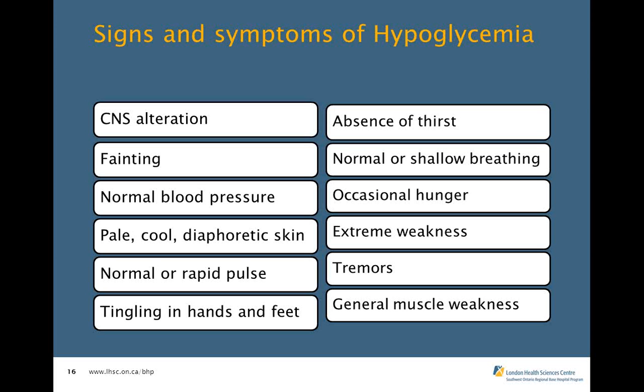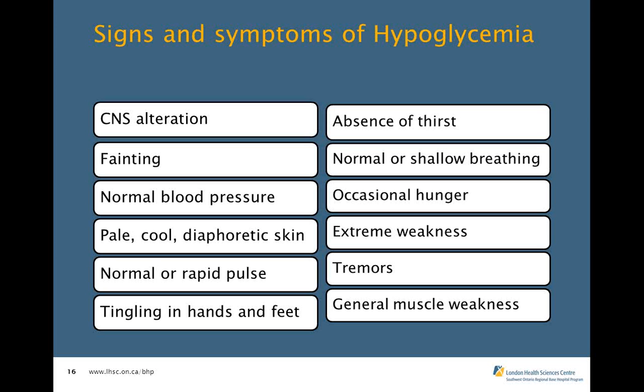The blood sugar goes down, and the body attempts to compensate. The pancreas is trying to push out glucagon to raise the blood sugar, but often the amount of medication that we've given people overwhelms the body's ability to do that, and there's no way that the body can compensate.